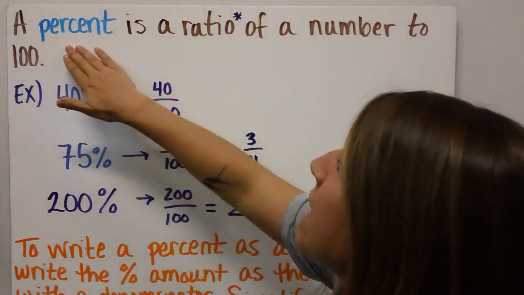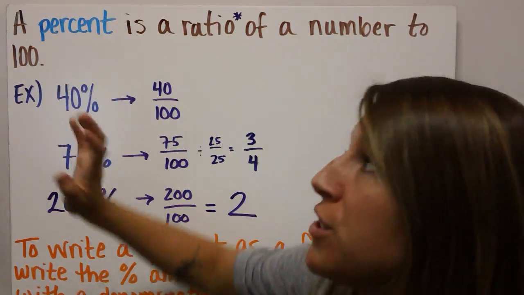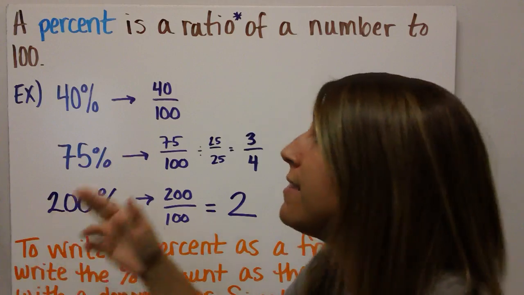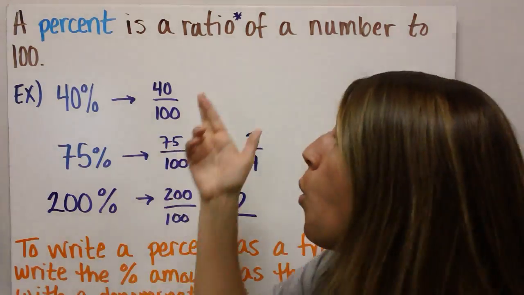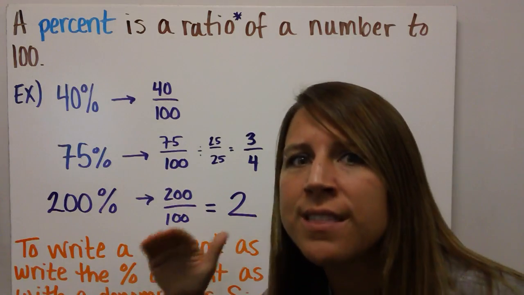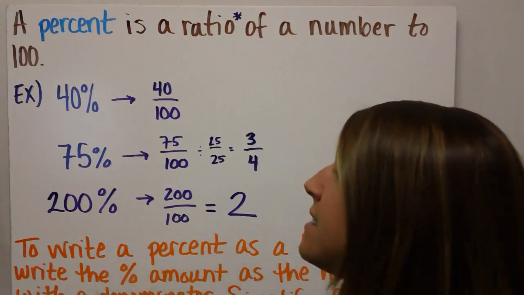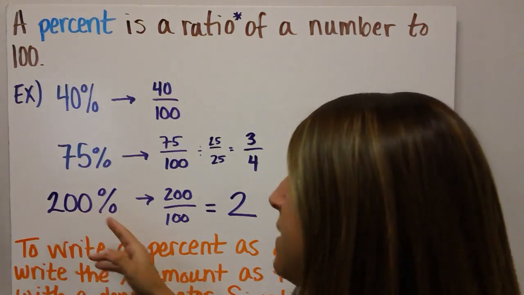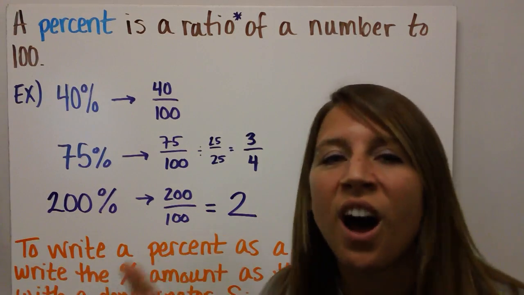So again, a percent is a ratio of a number to 100. If I was talking about 40%, we could write that as 40 to 100 or 40 over 100 or 40 hundredths. 40 hundredths is 40%. 75% can be written as 75 hundredths. 200% can be written as 200 hundredths.